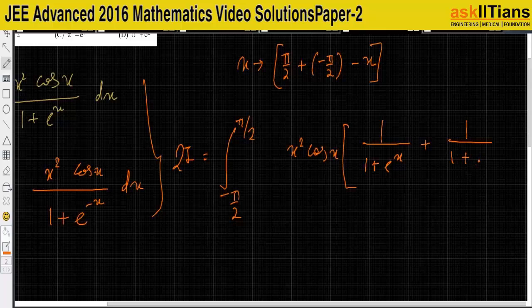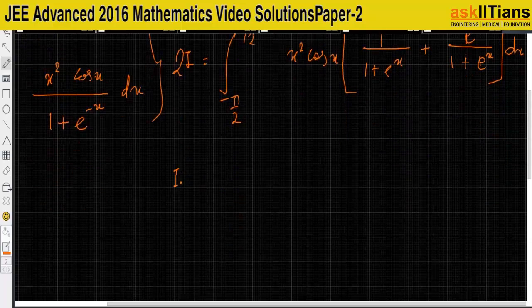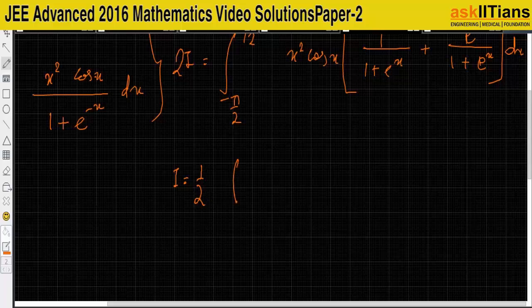So e power minus x I can write as 1 by e power x, and if I take LCM I'll get e power x here and e power x here, right? So if I add these two, it will become 1. Right, now LCM is this, so this quantity will actually become 1, so this quantity will go away. So from here I can simply say that I is 1 by 2 times minus pi by 2 to pi by 2 x square cos x dx.